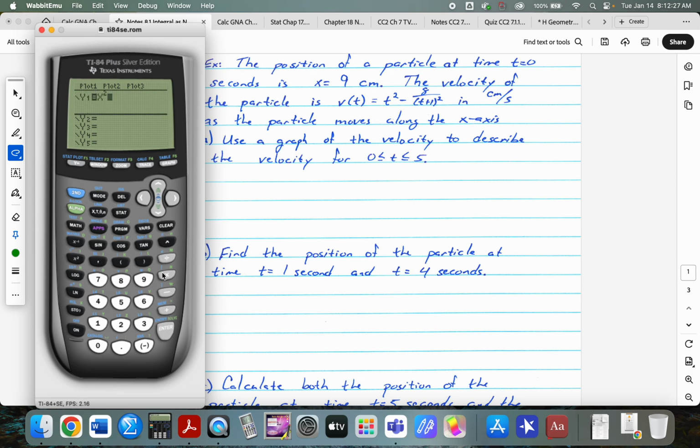T squared minus 8 over (t plus 1) quantity squared. Now you want to make sure that you're only looking at this on the interval from 0 to 5. So we'll go into our window and say, I just want to look from 0 to 5. And for now, at least, I'll leave the y's as they are.